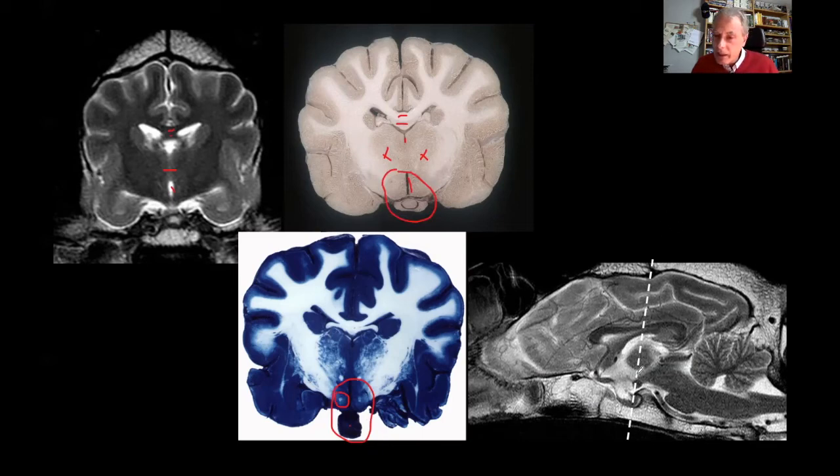So we are cutting through the interthalamic adhesion. Underneath here we have the third ventricle, a small third ventricle dorsally. This hypointense signal is the mammillary body, and underneath the hypophysis, okay? And white matter, of course, and a lot of nuclei that correspond to the thalamus. You can see the fornix and the corpus callosum.